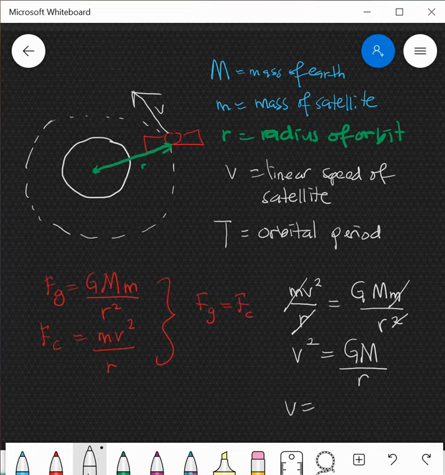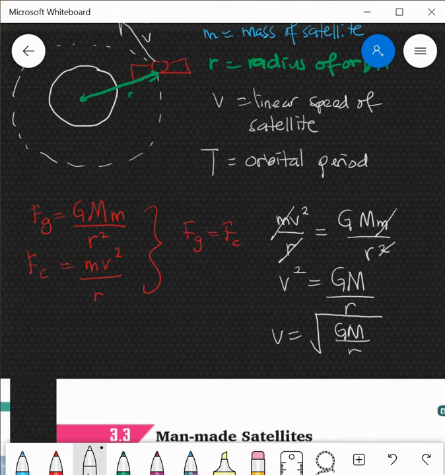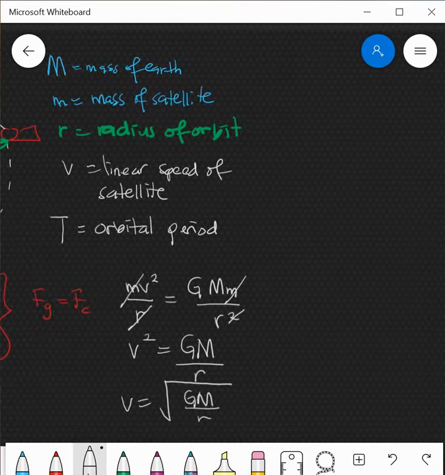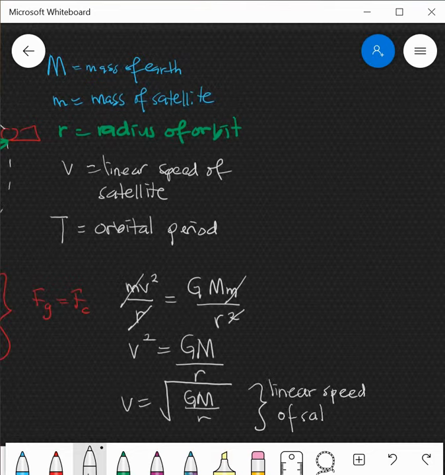You square root the right side, you will get v equals square root of GM over r. So apa itu square root GM over r? Okay, so this is actually the linear speed of satellite. Okay, so ini dah dia speed of satellite orbiting around the earth.